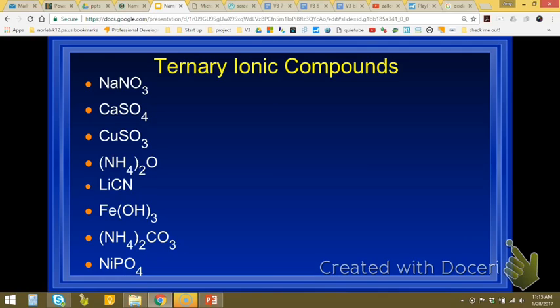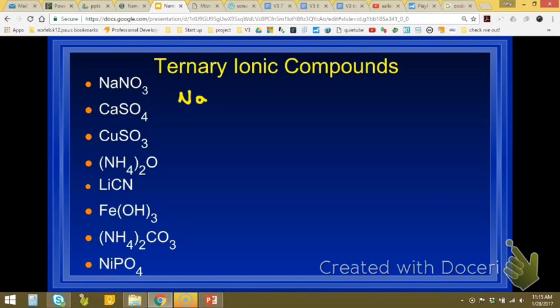And now it's time to practice. So our first compound is NaNO3. When we look at NaNO3, we have some things that we've worked with before and some things we haven't worked with before. So Na, we know, is sodium.